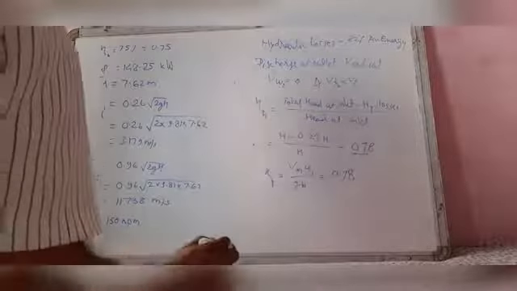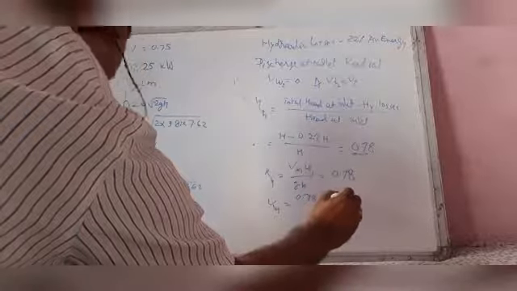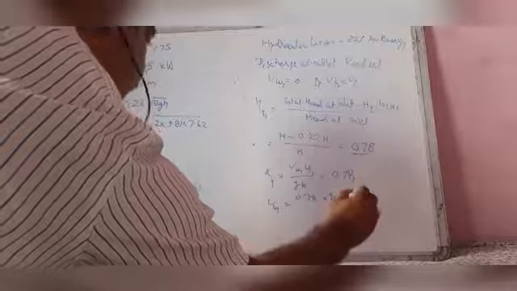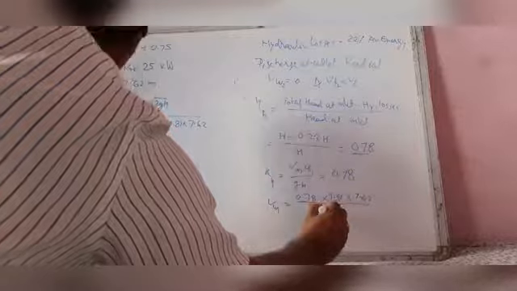So putting the values, 0.78, VW1 we have to calculate: VW1 equal to 0.78 into 9.81 into 7.62 divided by U1, 3.179.